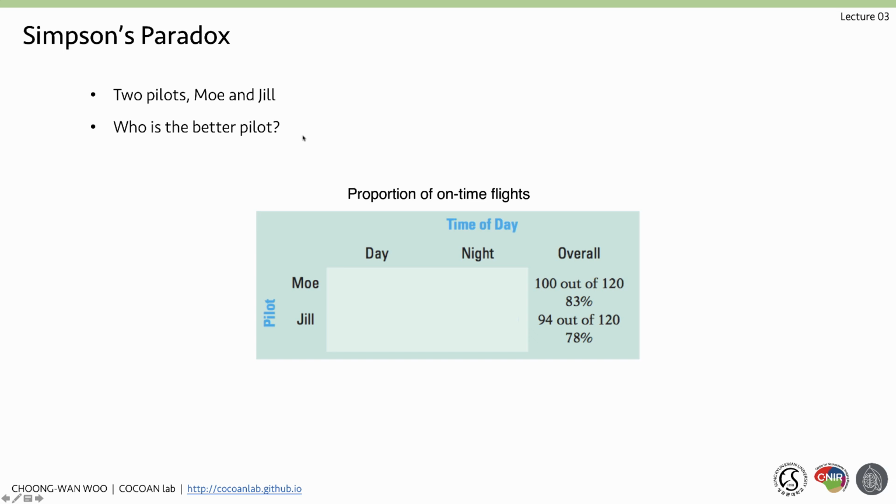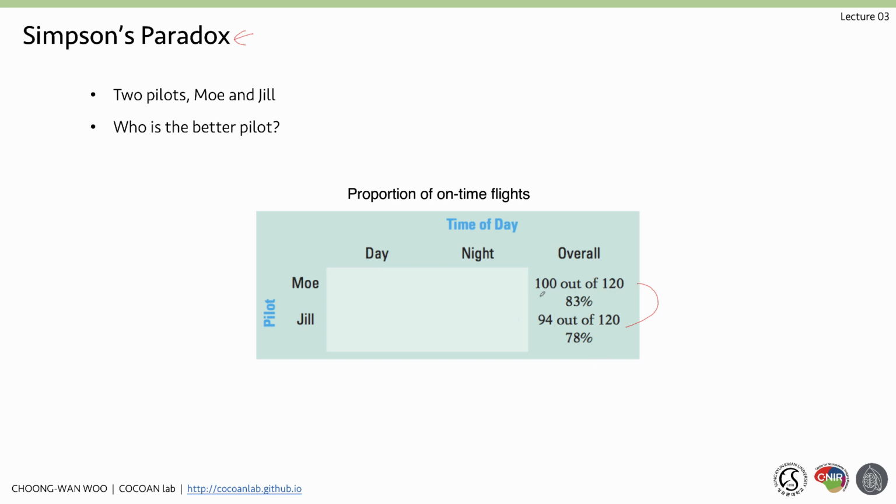So there is another really interesting concept, that is Simpson's paradox. Let's say there were 2 pilots, Mo and Jill, and based on this data, who would you say is the better pilot?